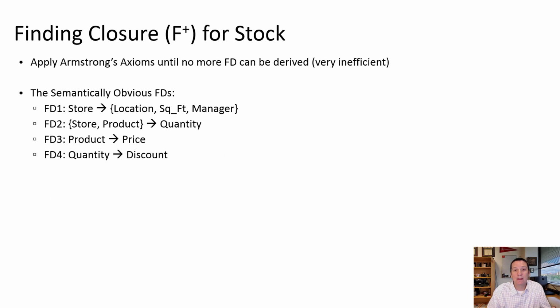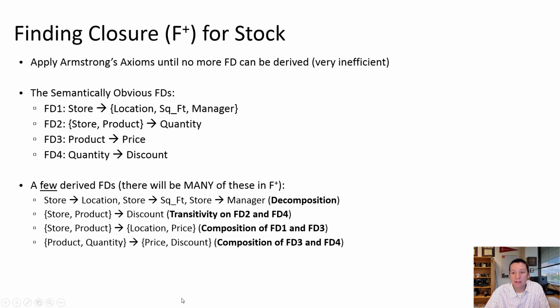From these 4, we can use Armstrong's axioms to find many more functional dependencies in the closure of F. For example, we could decompose functional dependency 1 to create 3 new functional dependencies: store determines location, store determines square feet, and store determines manager. We could also use the transitivity axiom to say store and product together determine discount. That's transitivity between functional dependency 2 and functional dependency 4.